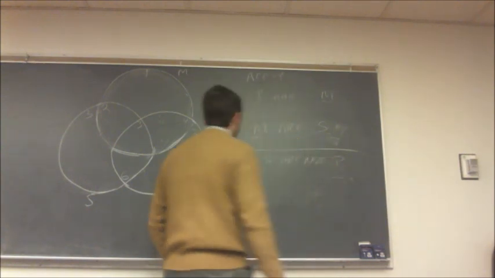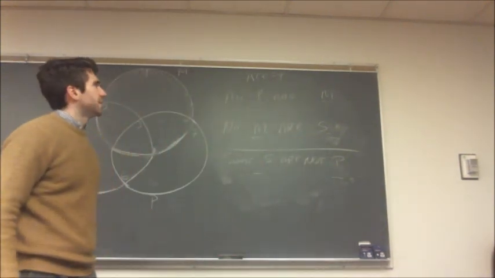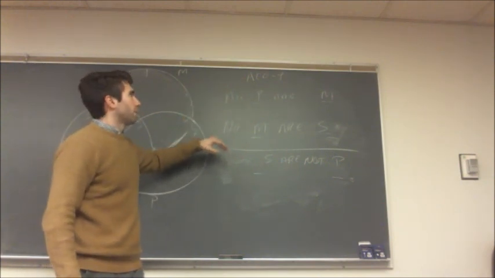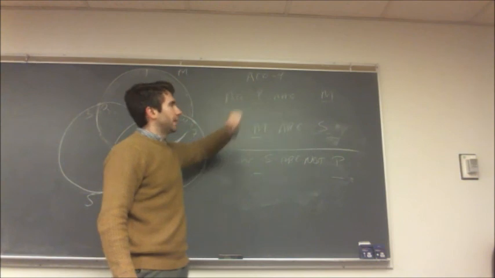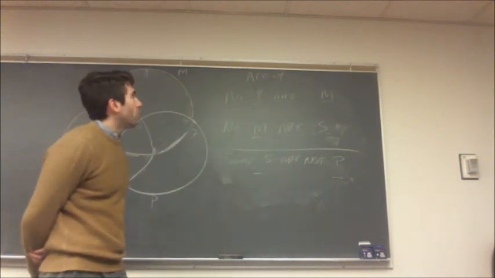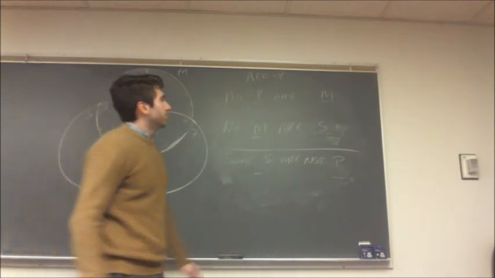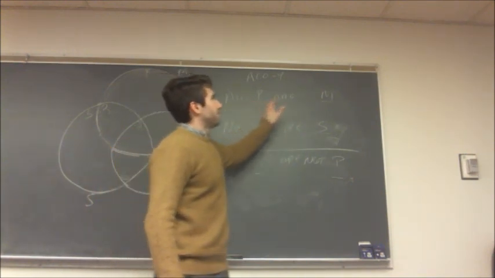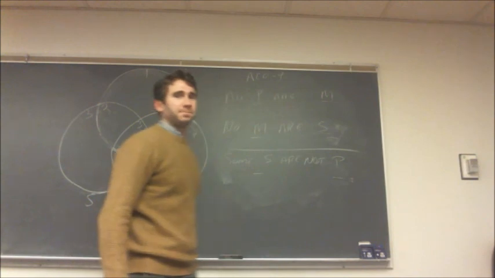The reason I didn't have to erase as much is that all of these propositions are of the same type as the last ones. All that's changed is the figure. The only difference between this syllogism and the last one is that P and M are switched in the first premise.